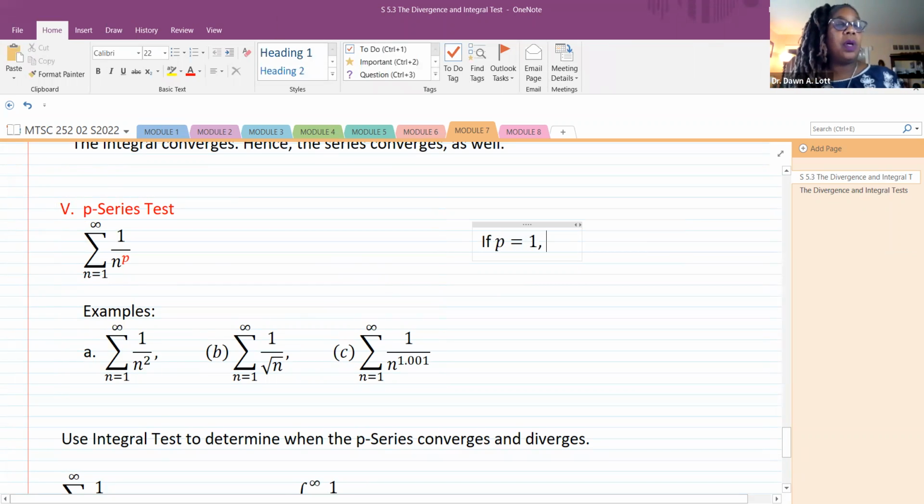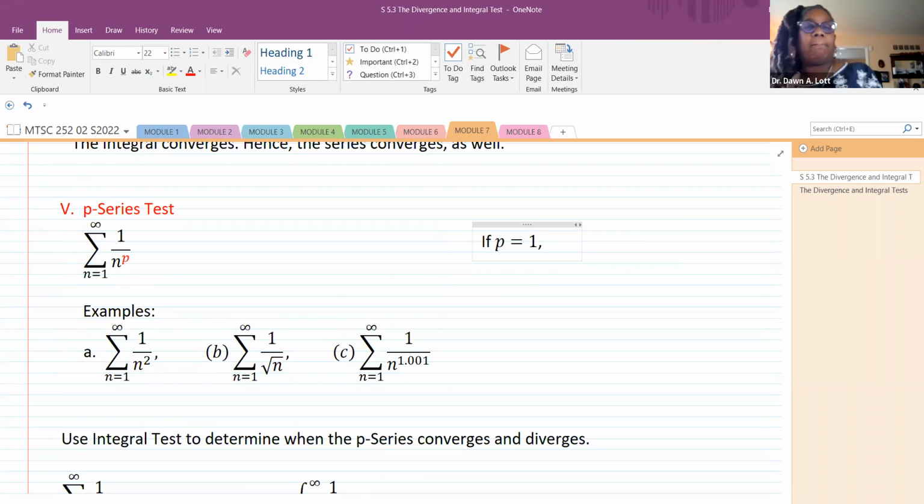If p is equal to 1, you get the summation of 1 over n. What is that?